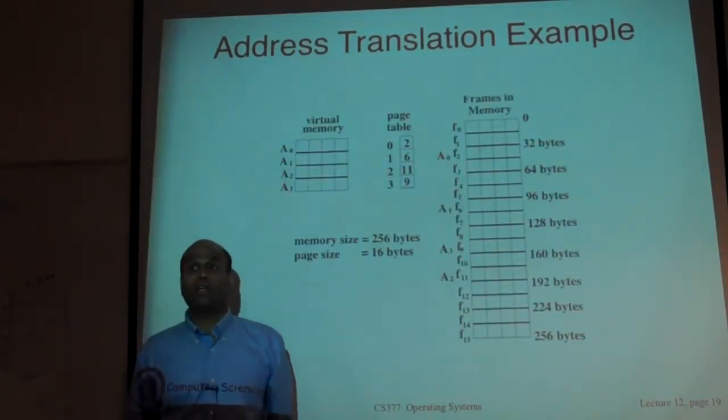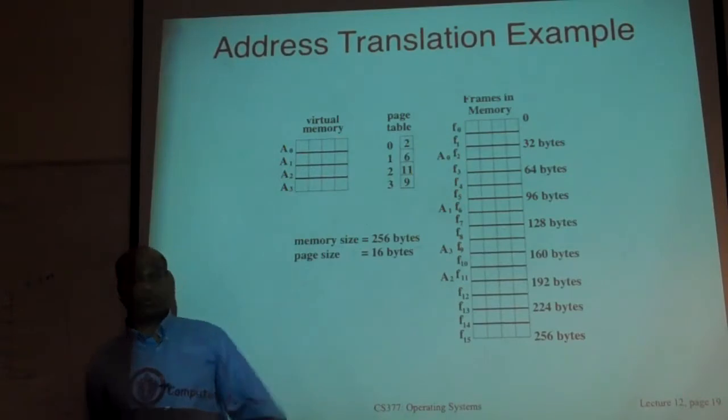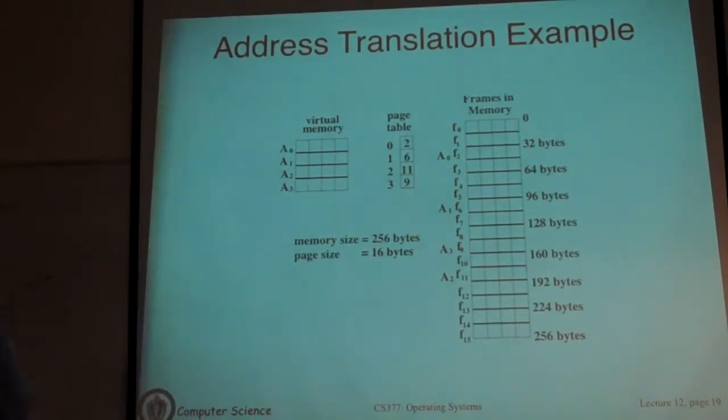If you want to index address 24 in this process, what would that be? You can do it one of 2 ways. You can do it this way, address divided by 16, address mod 16, or you can write out 24 as a binary number and look at the bits and you get the same answer. You can do it the way hardware does it, or the way you think, which is division.